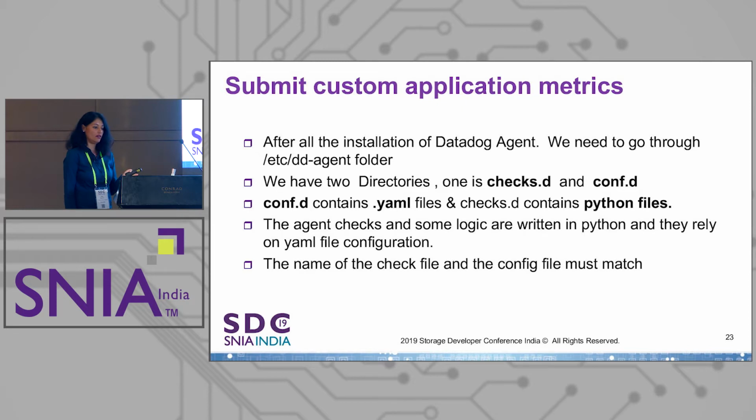It's a YAML file, so you need to make changes there. The file name should be the same in both conf.d and checks.d. You restart the agent and you're good to go. It starts monitoring those metrics. Then you go to the dashboard, create a dashboard and make sure that whatever you're monitoring is showing up. The visualization of the data should be correct and you can use it for analysis and monitoring.